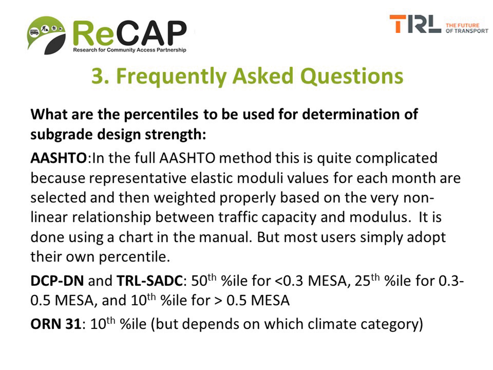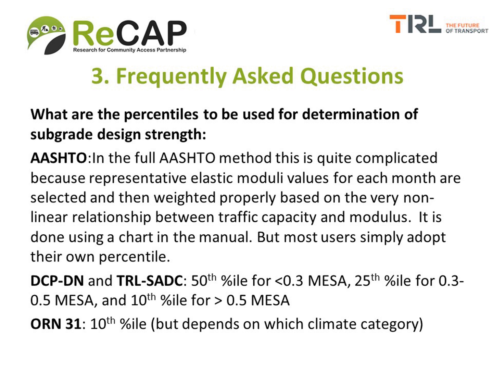So in other words, as you go up in traffic level, you reduce any risk that might be there because of a slight under design. So basically, the 10th percentile for the higher traffic levels and the 50th percentile for the lowest.